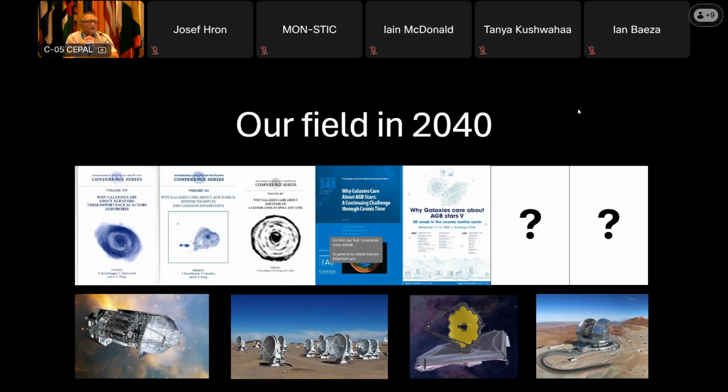With the completion of the ELT by the end of this decade, hopefully, ESO has now initiated a process of selecting the next transformational facility, as they say, a facility for 2040 plus. We, the community, are now invited by mid-December to submit white papers with science ideas that really could drive these facilities.